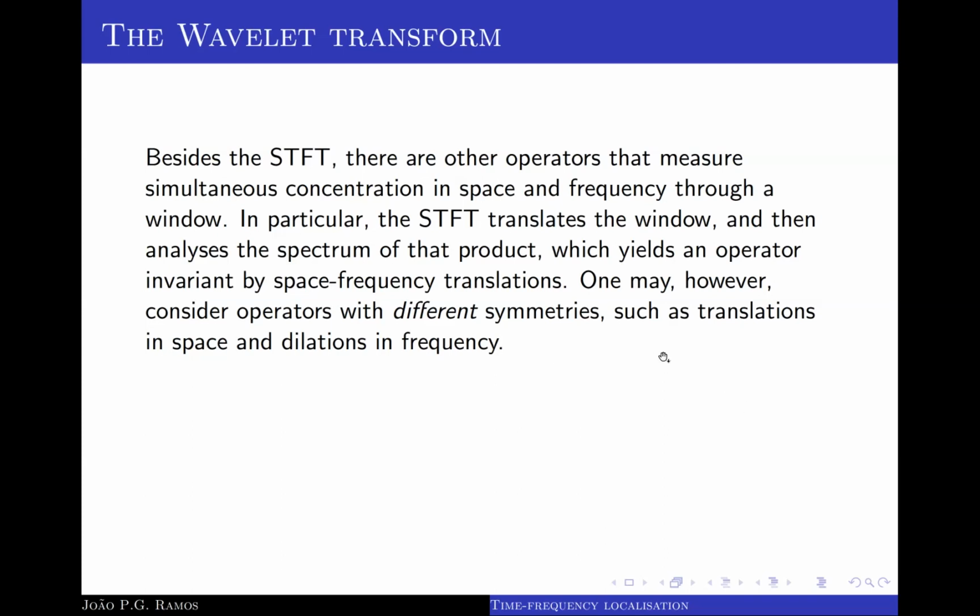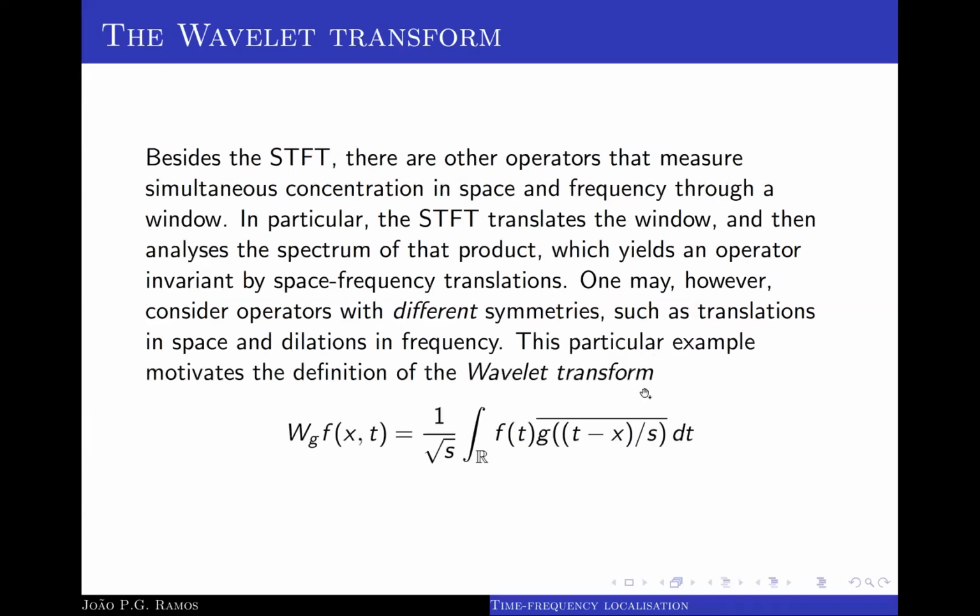There is an operator that relates these two that does the job for us, and this operator is the wavelet transform, the continuous wavelet transform, W_g f of x and s. The parameter s has to be positive, so it doesn't live on R2 anymore, it lives on R cross R plus. And it's just this convolution of an L2 normalized version.